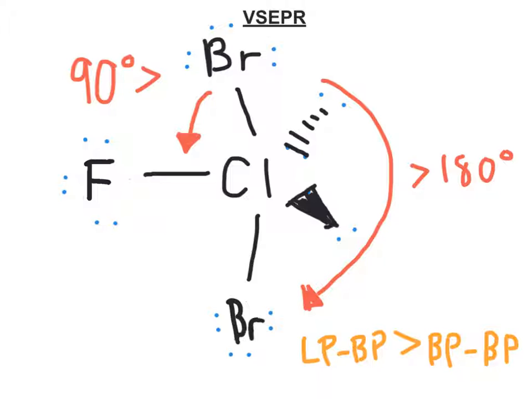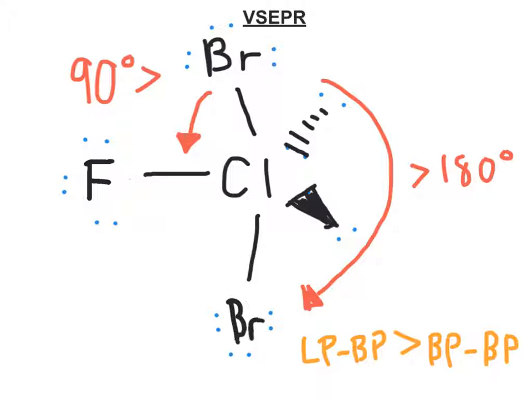In addition, the arrangement of electron pairs for this particular compound is trigonal bipyramidal, but the geometry of this compound is actually T-shaped, and you can see that by the angles. The angle from the Br to the Br is greater than 180, and this is due to the lone pair-bonding pair repulsion being greater than bonding pair-bonding pair repulsion.